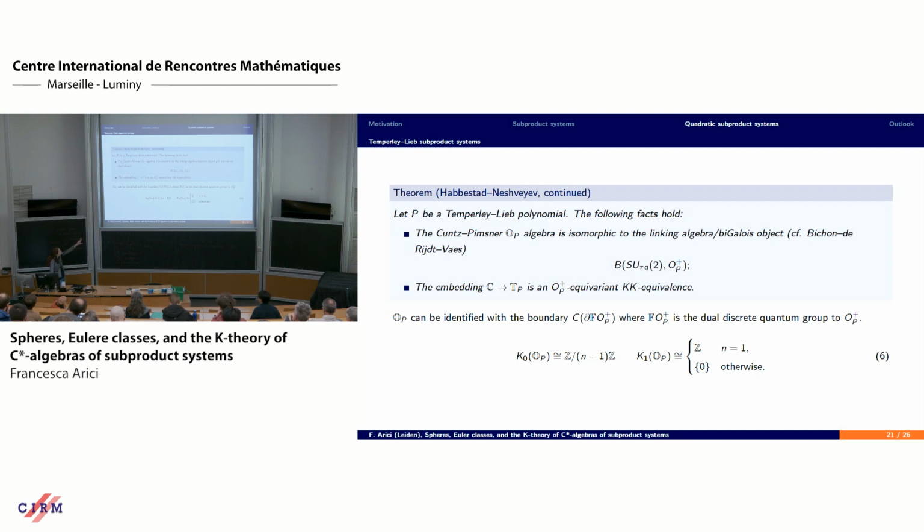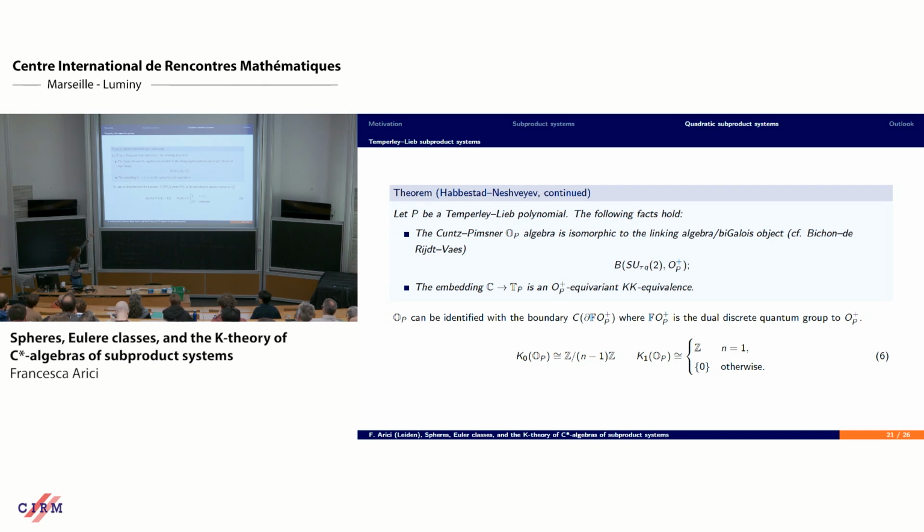So these two quantum groups have the same representation theory. And then you can construct the bi-Galois object that implements the fact that they have the same representations. So in particular, our commutation relations are a consequence of this fact, because there is an explicit description of these linking algebras in terms of generators and relations.